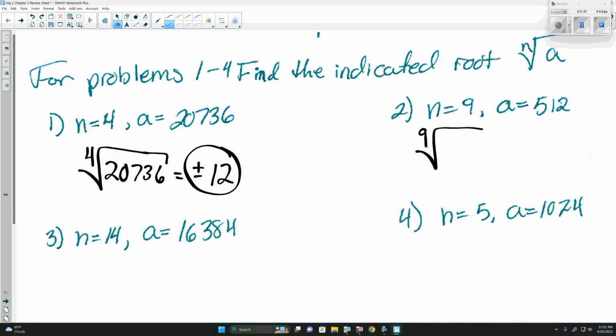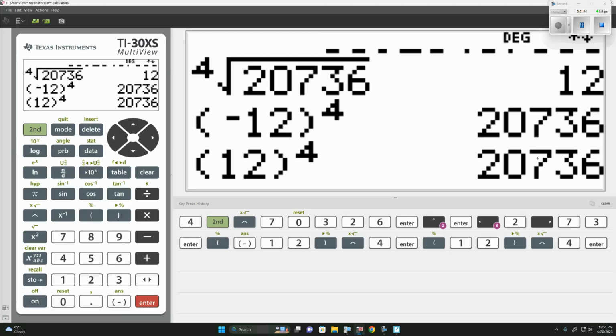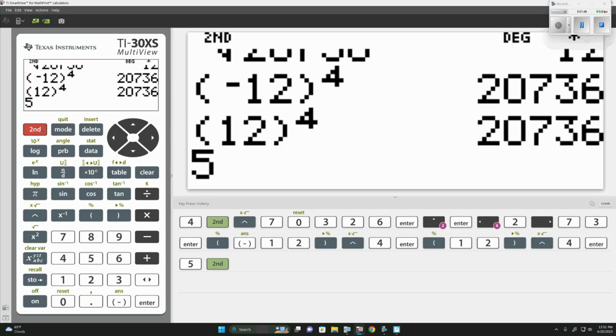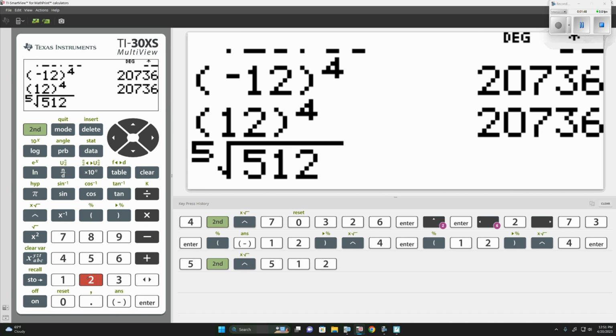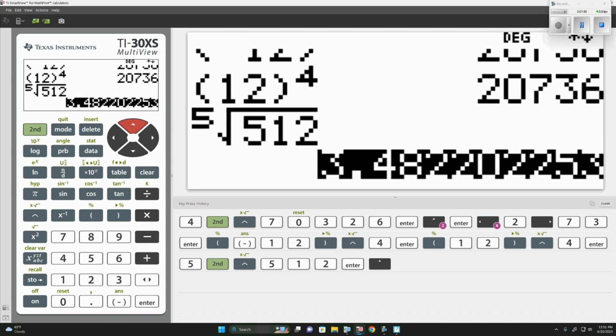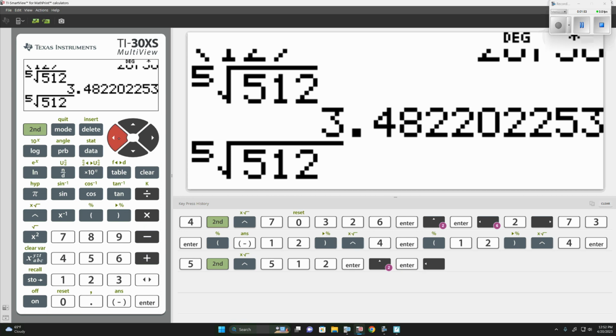Or if we looked at, say, the 9th root of 512, we get 2. So we can plug it in. That's it, it is 2.